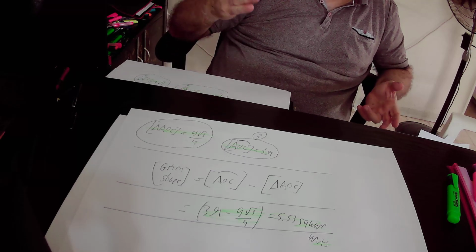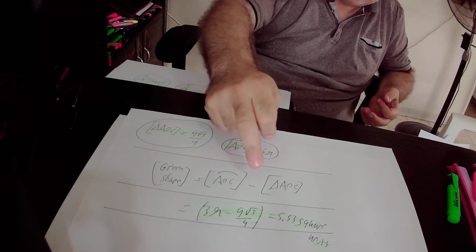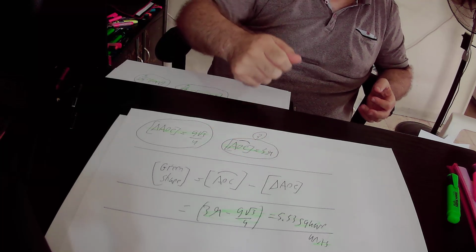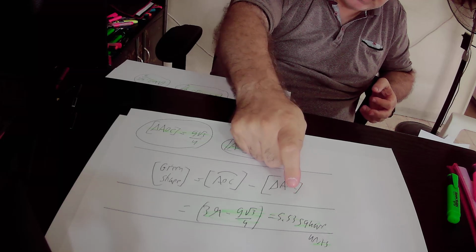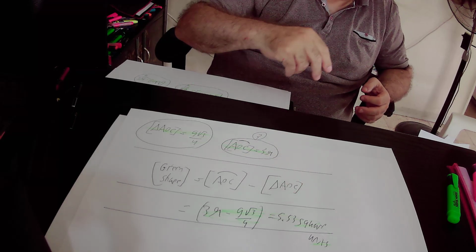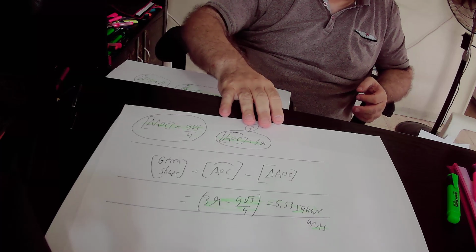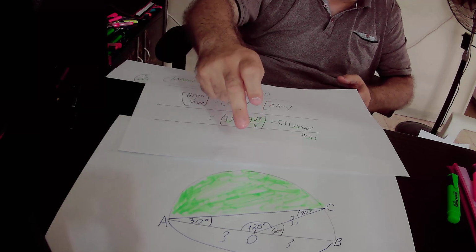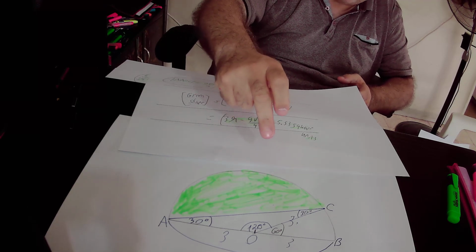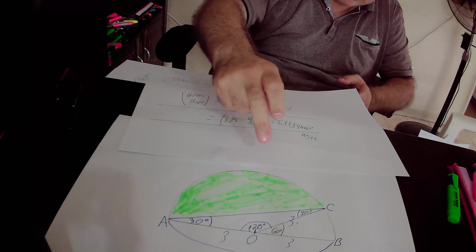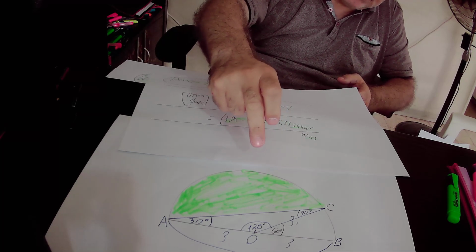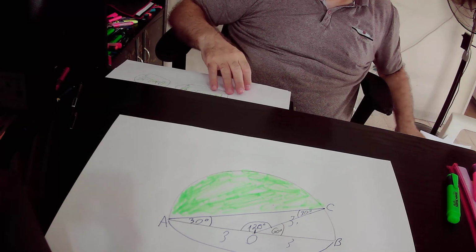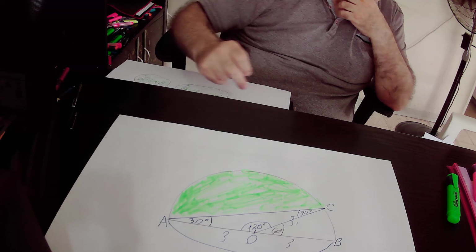In conclusion, we found out that the area of the green shape equals 3 pi minus 9 times square root of 3 over 4 square units, or in terms of numbers, it is equal to 5.53 square units. Okay. Again, the area of this green shape equals either 3 pi minus 9 times square root of 3 over 4 square units, or in terms of numbers, 5.53 square units. Then I presented to you a second method to find out the area of this green shape.